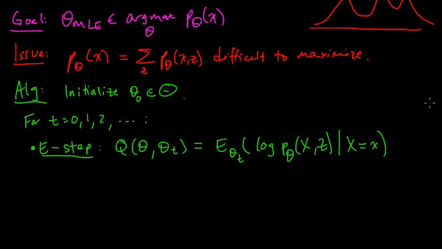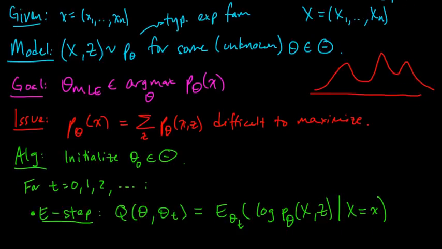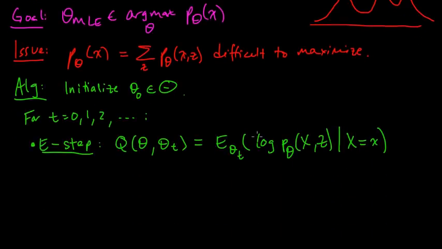So x was our observation up here. So this is a conditional expectation of the log of the joint distribution under theta. Okay, that's the E step.